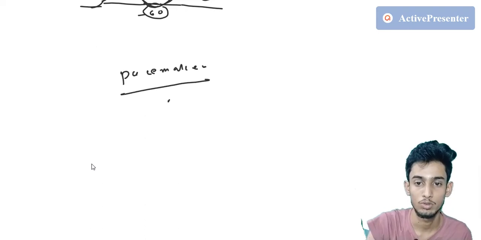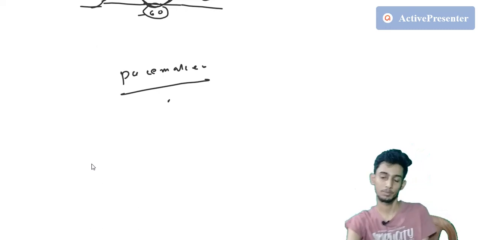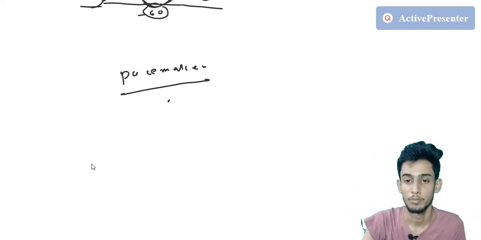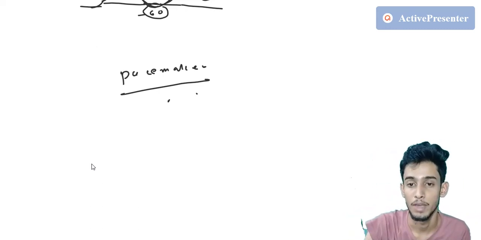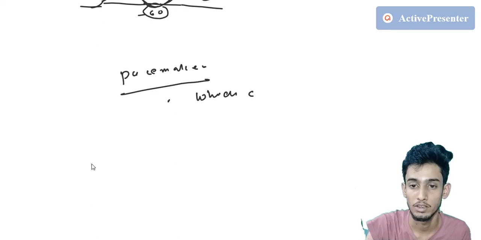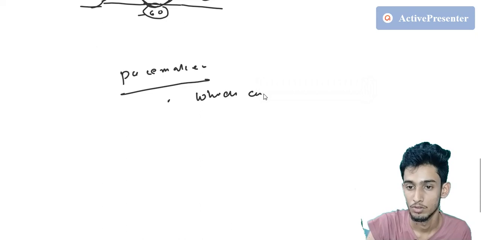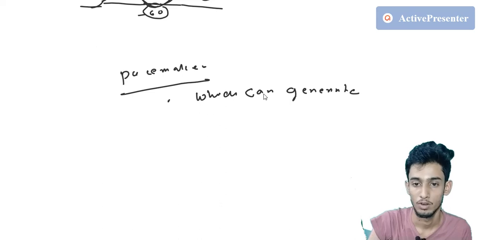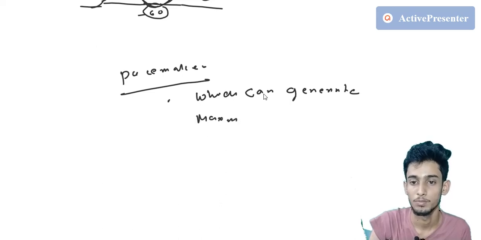Which tissue should we call the pacemaker of the heart? The main criterion is which can generate the maximum number of impulses.